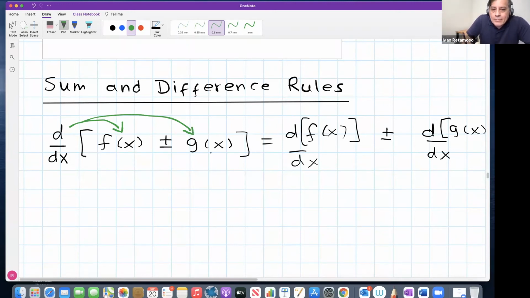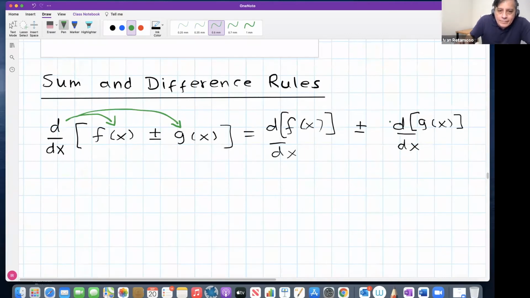So the derivative of the sum of two functions will be the sum of the derivatives of the two functions. Okay, as you can see there, the derivative of the difference of two functions will be the difference of the derivatives of the functions, right? So feel free to distribute your derivative over sums and over differences.